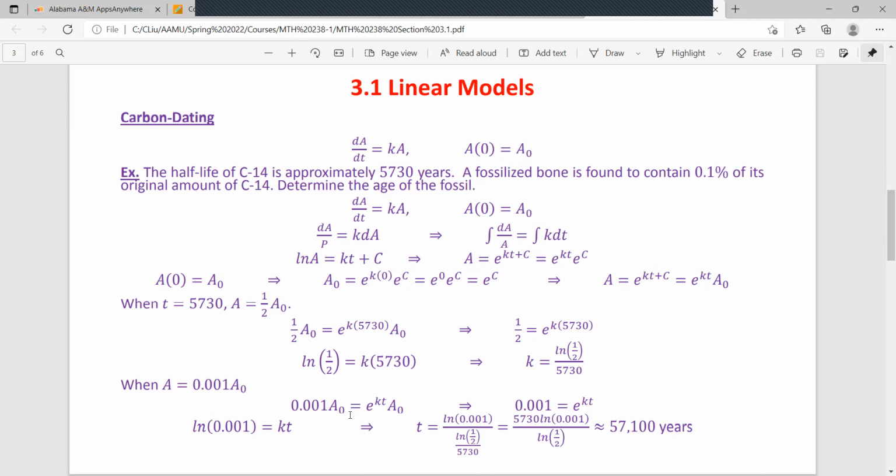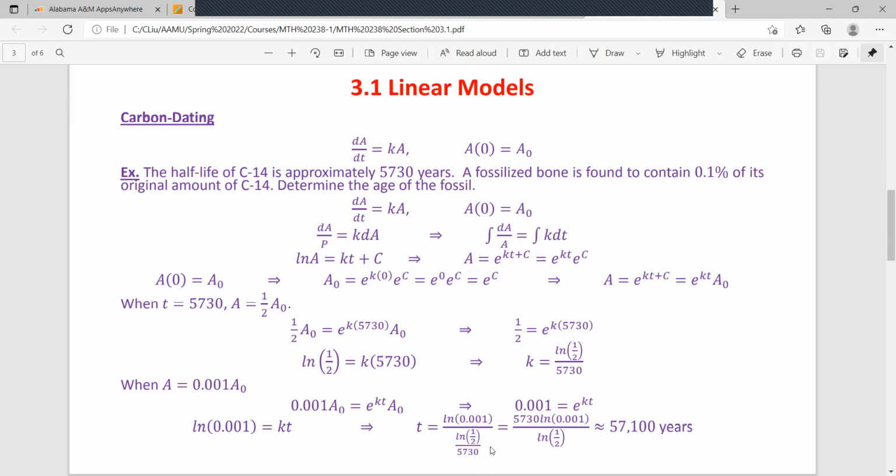So 0.001 A0 equals e to the kt times A0. As always, cancel A0, so we get 0.001 equals e to the kt. Take the natural log on both sides, we get natural log of 0.001 equals kt. So t will be natural log 0.001 over k, which is natural log of 1/2 over 5,730.